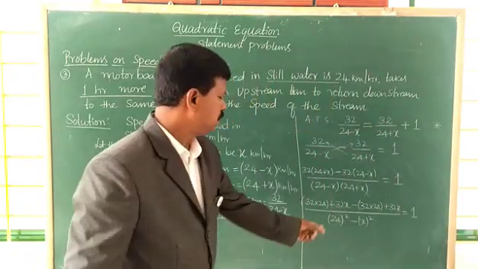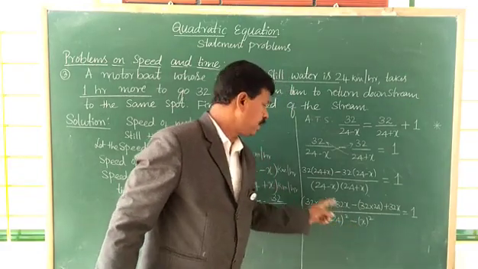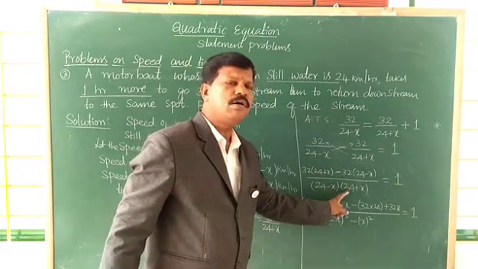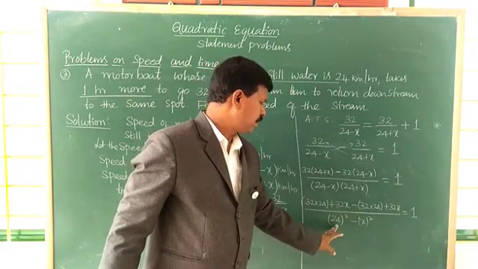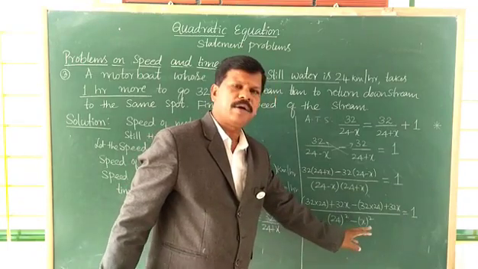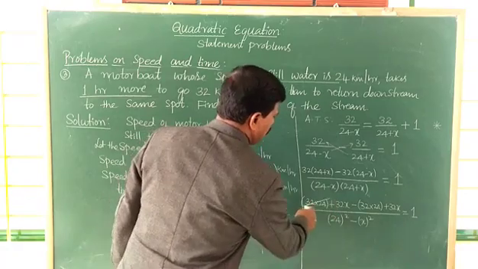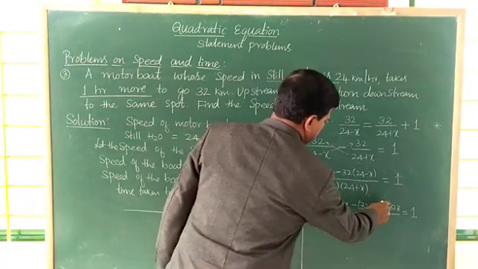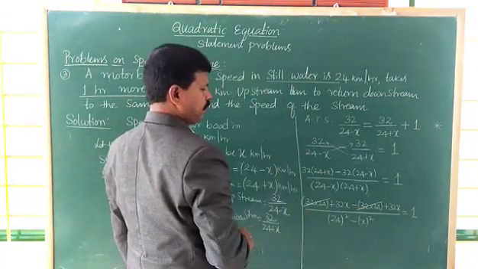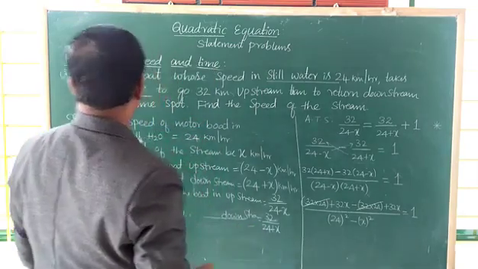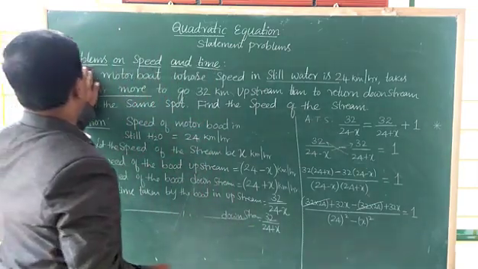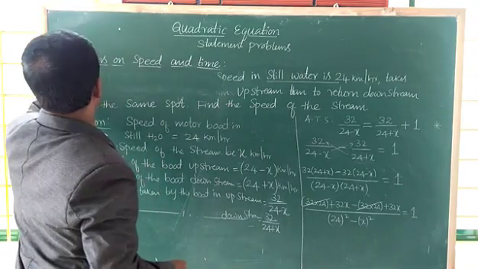Why have I written this in this form? Because this is (a minus b) into (a plus b) form, so I have written this as 24 square minus x square. Clear?